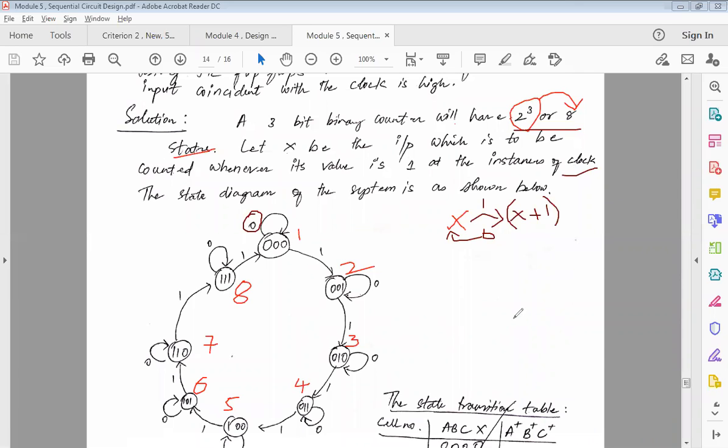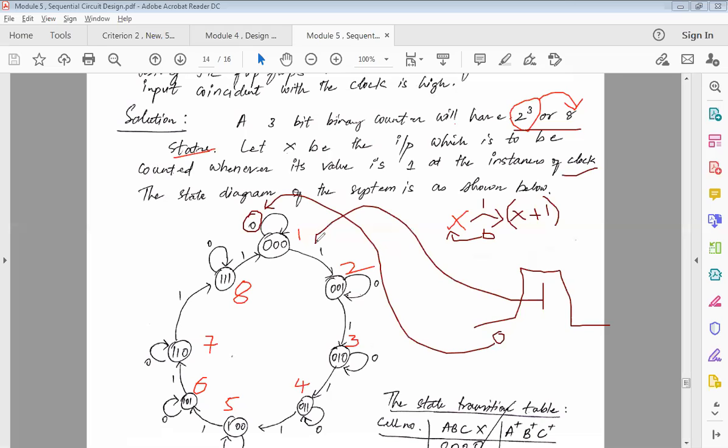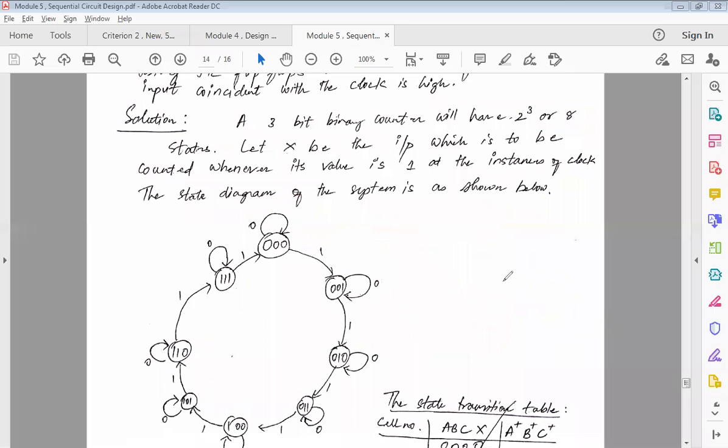Remember I had put a diagram, a pulse, right? So whenever it is 0, then it's going to be the same state. Whenever it is 1, then it will move on to the next state, right? So that is what is mentioned here. 0, same state. 1, it moves to the next state. Okay, fine.